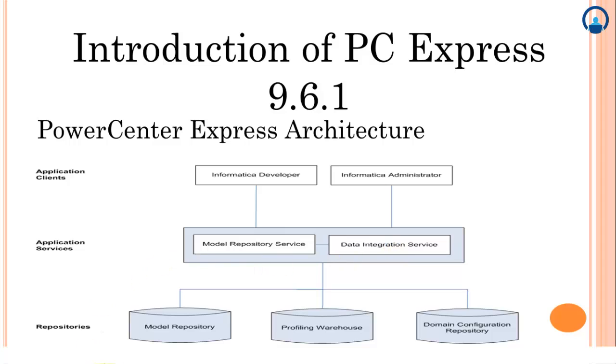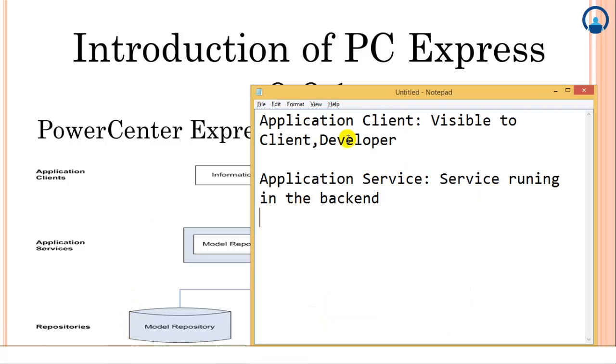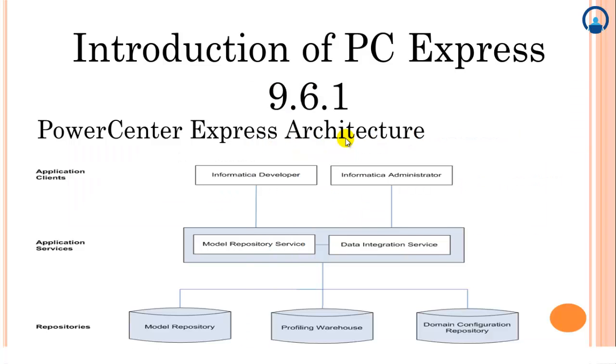The repositories are where the metadata is stored. All the storage of the metadata and everything is done in the repository. We have three types of repositories: one is model repository, one is profiling warehouse, and one is domain configuration repository.